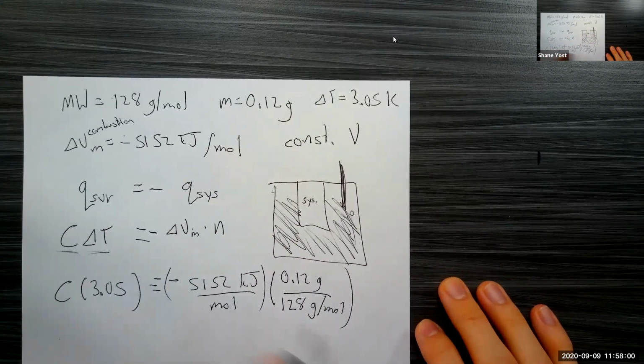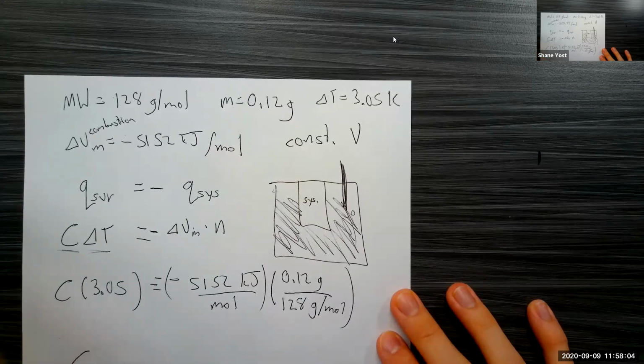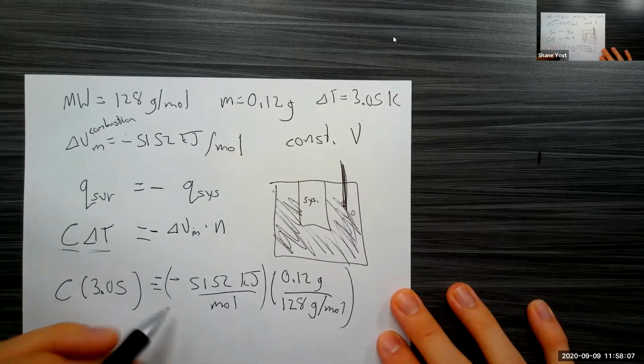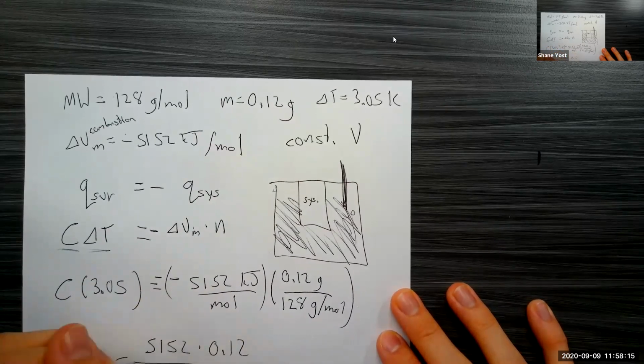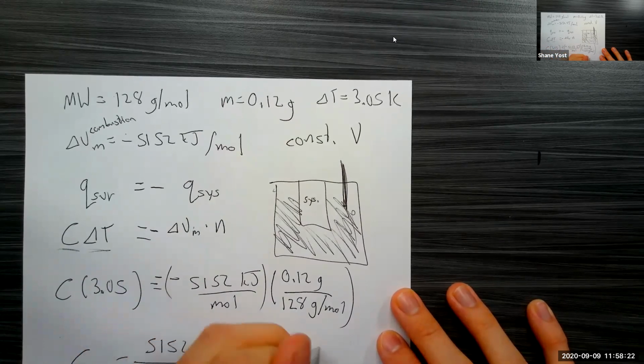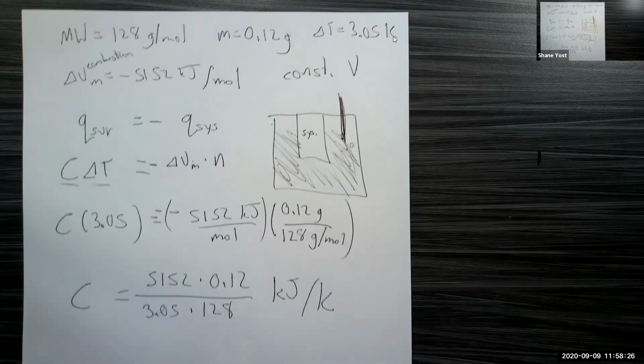Multiplying all this out, to solve for C you just divide by 3.05. So the final value of C is going to be 5152 times 0.12 divided by 3.05 times 128. That's going to give us a value in kilojoules per Kelvin.